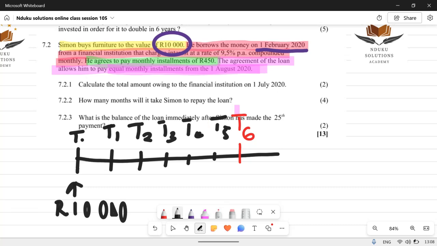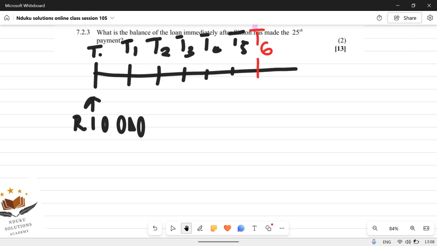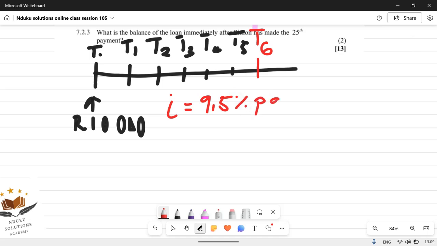So it means for 7.2.1, let me just go down for space. We went to the bank to borrow 10,000 and the bank is charging us an interest rate of 9.5% per annum, and is compounded monthly.